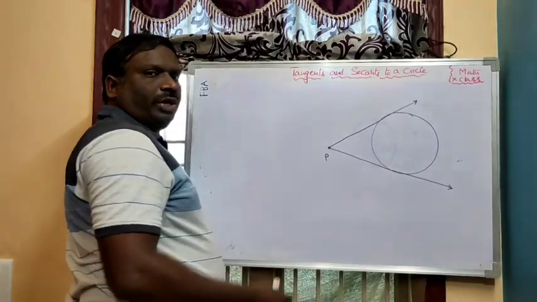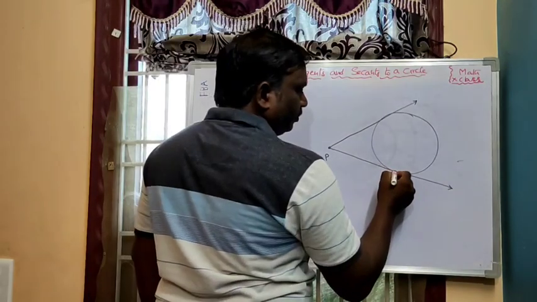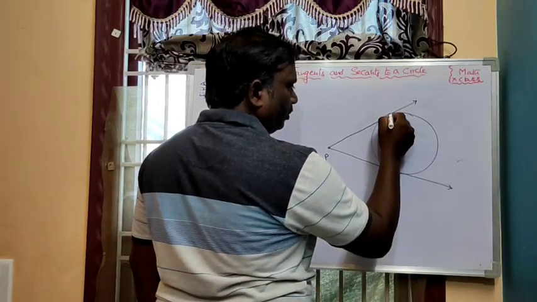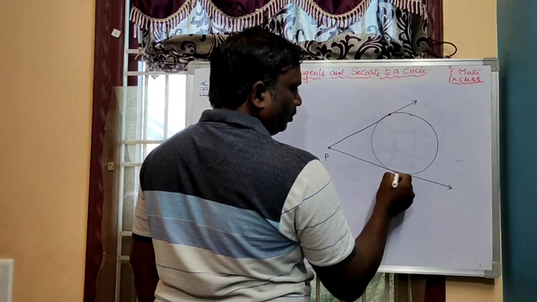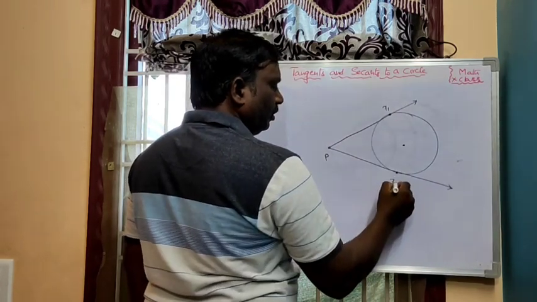For any circle, two tangents are drawn from an external point to the circle. Then this is the center of the circle, T1, T2.